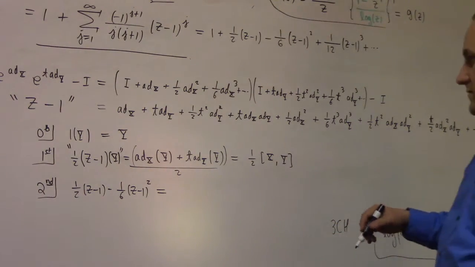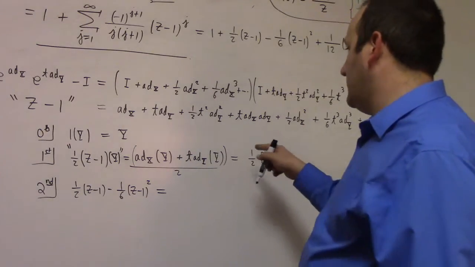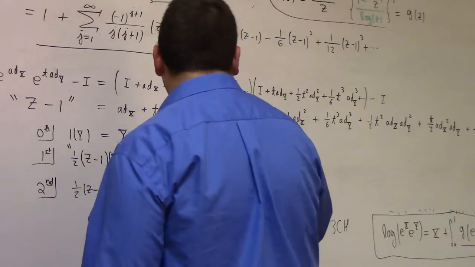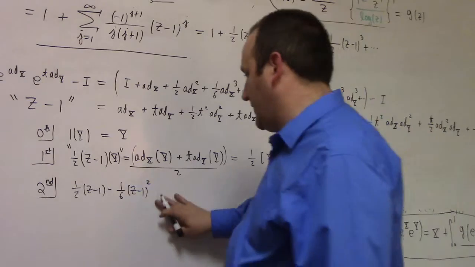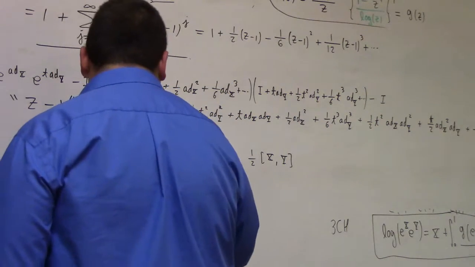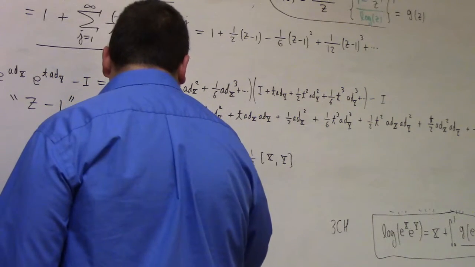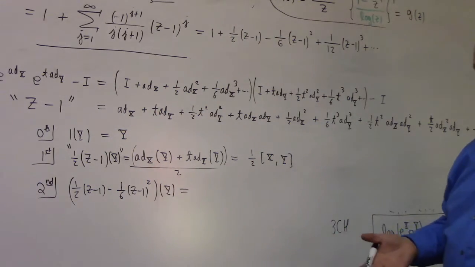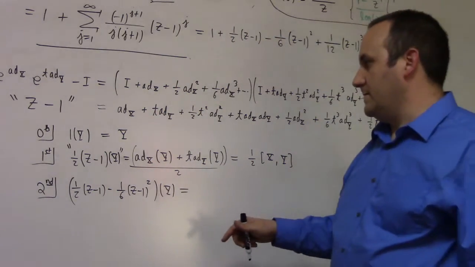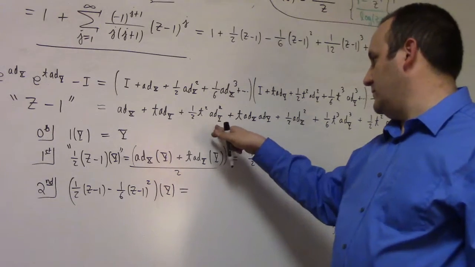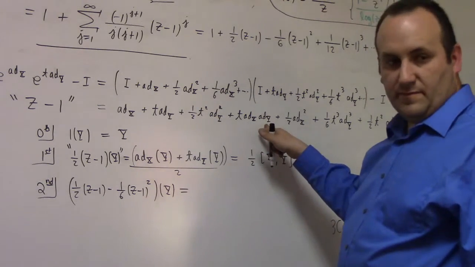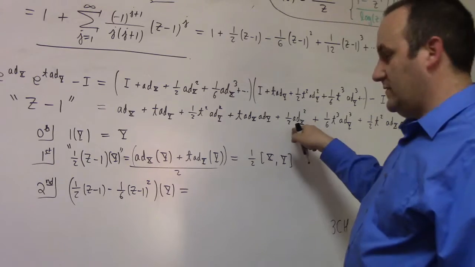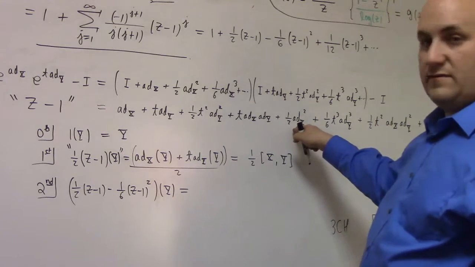Okay, so let's see here. The z minus 1, we pick up what? At this point, I keep forgetting. We're taking that and letting it act on y, right? So we don't really care about this term or this term. The only thing that matters to us is that one in the z minus 1, just plain.